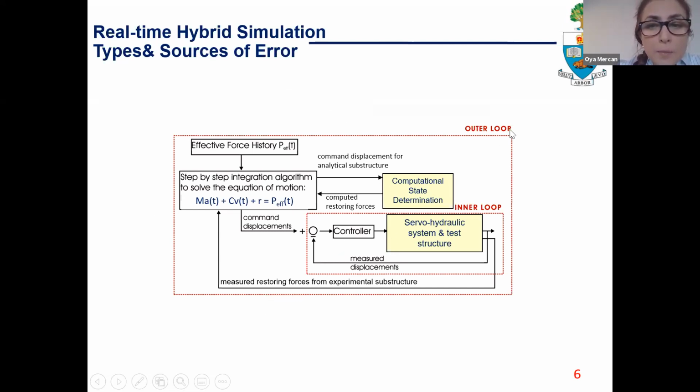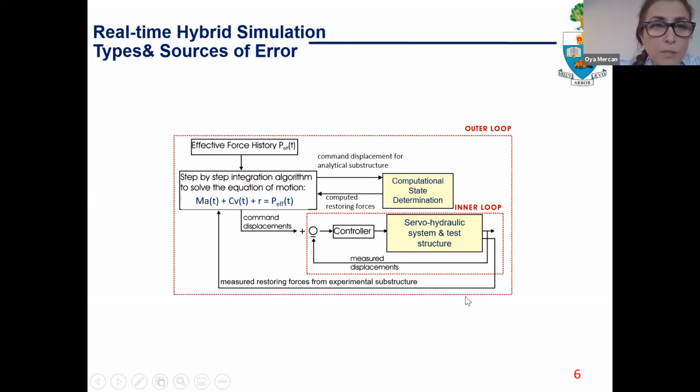And in this block diagram, we can see that the implementation of RTHS can be considered as two loops, where the inner loop has the controller, servo hydraulic system, and test structure. The outer loop has the integration algorithm and the analytical substructure.